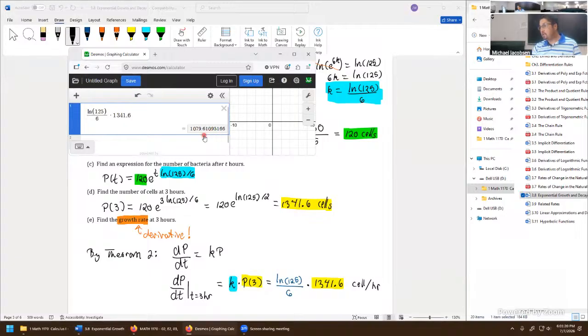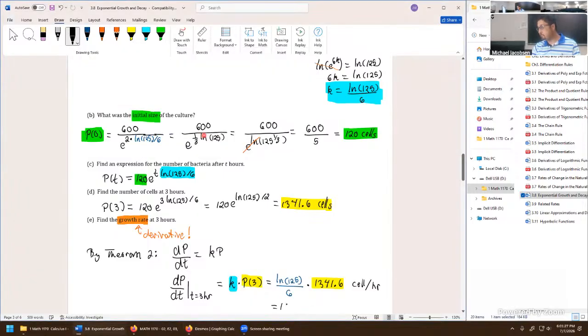And so to the nearest tenth, it's growing at a rate of 1,079.6 cells per hour. So that's our conclusion of part E. At the specific time, 3 hours into the experiment, that's the speed of its growth. It's the instantaneous rate of change of the population size. At that one and only moment in time, it's growing at that rate.